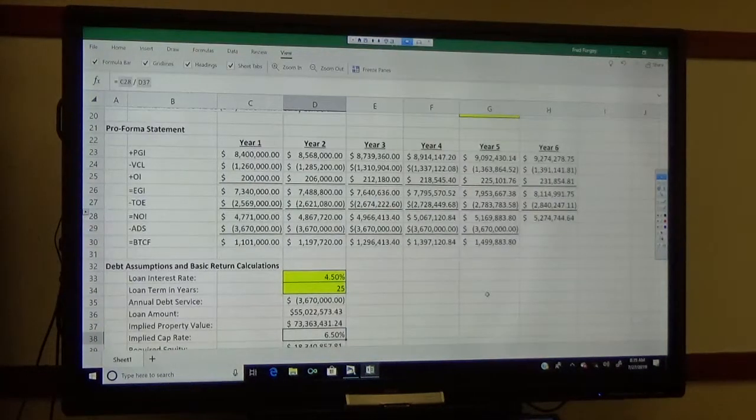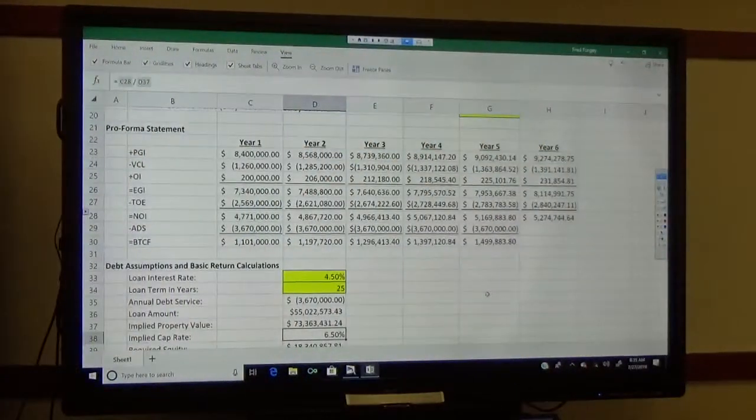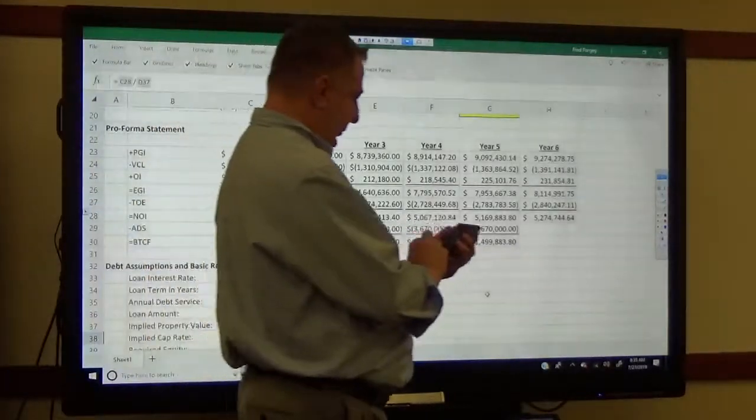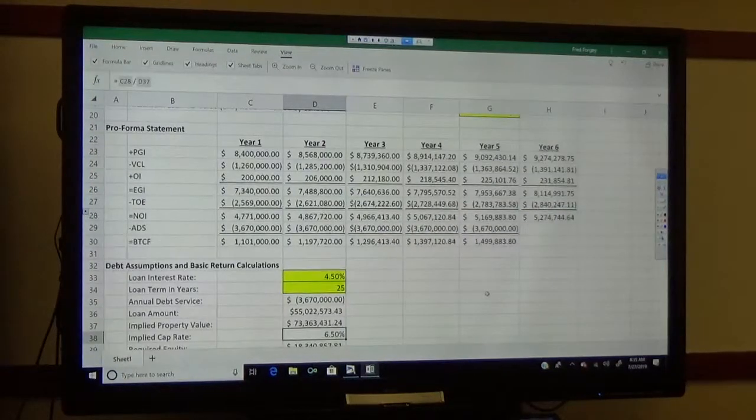Okay? So if we take net operating income divided by this implied value, we're going to get our implied cap rate. Does that make sense, everybody? Okay, so 4,771,000 divided by 73,363,431.21.